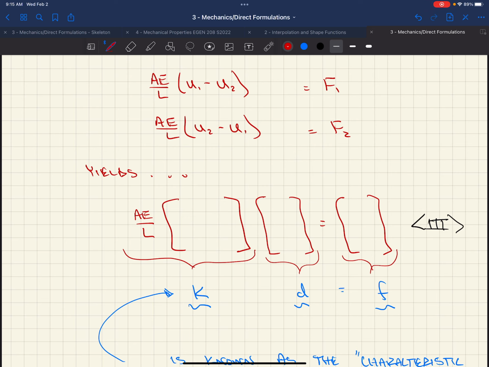Any ideas of what we would put in the top row of that K? 1, negative 1. And then we get our F1 and F2. So if that's the case, we know that one's negative the other. So we get negative 1 and 1.